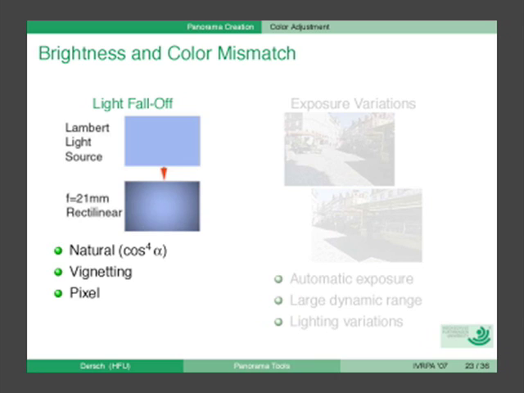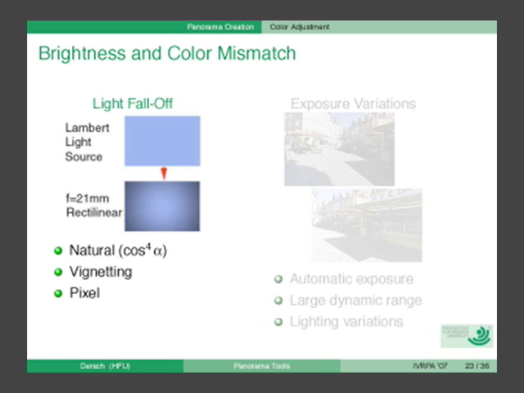This effect is the well-known cosine to the fourth light fall-off, sometimes called natural vignetting, because it is a very fundamental limit. Vignetting due to mechanical obstacles like shades and directional sensitivity of CCD detectors add to this effect that the image appears darker in the corners.